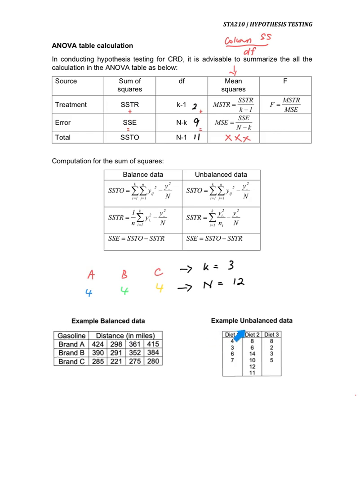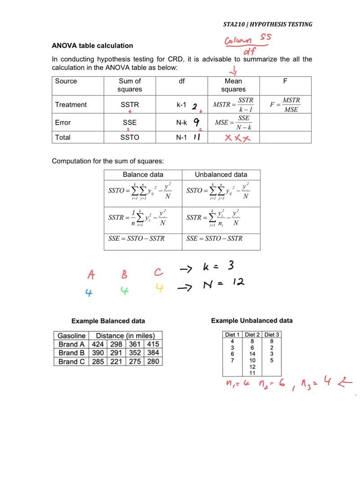Whereas for the example of unbalanced data, we have 3 types of diet: diet 1, diet 2, and diet 3. If you look here, for diet 1 the measurements we have are only 4, right? So N1 is 4, but N2 for diet 2 we have 1, 2, 3, 4, 5, and 6, and for N3 we have 4.